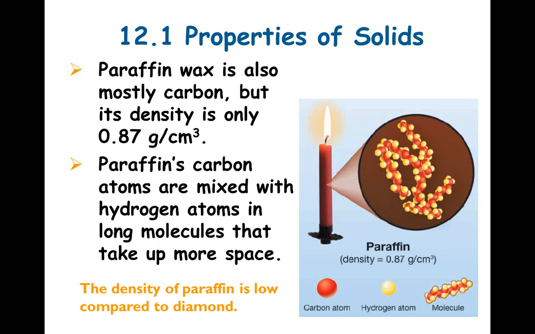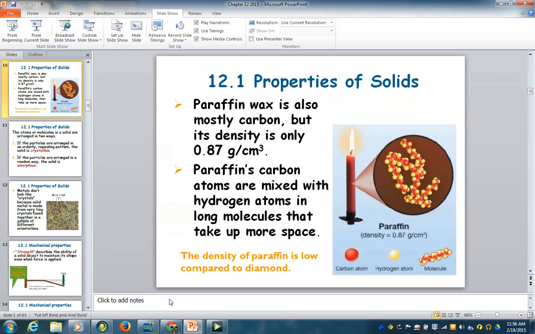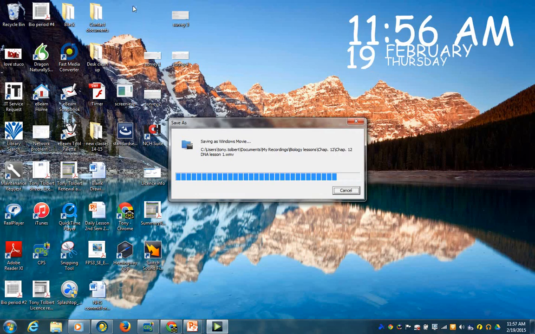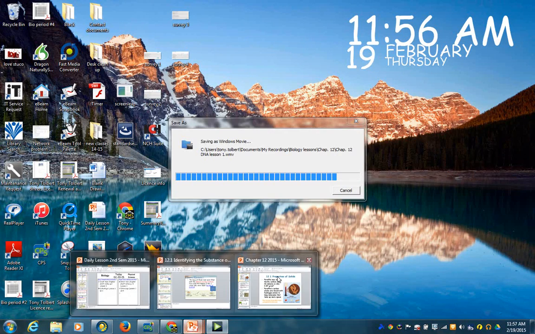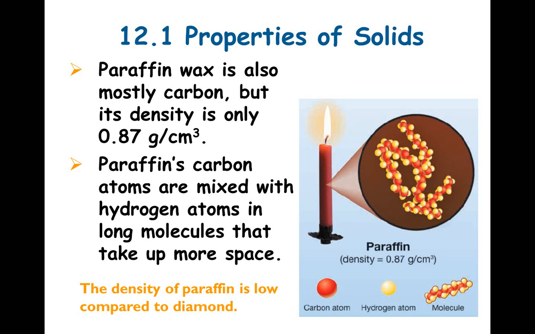So here's just an example where paraffin wax is also mostly carbon, but its density is much lower. It's the same principle that causes some objects, like this rock, to sink in water. Paraffin and carbon atoms are mixed with hydrogen atoms with long molecules that take up more space.